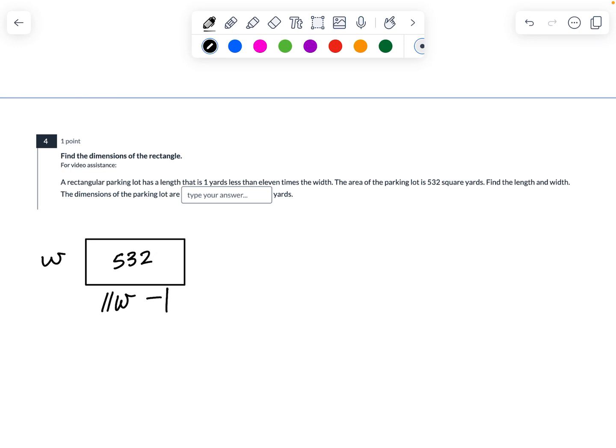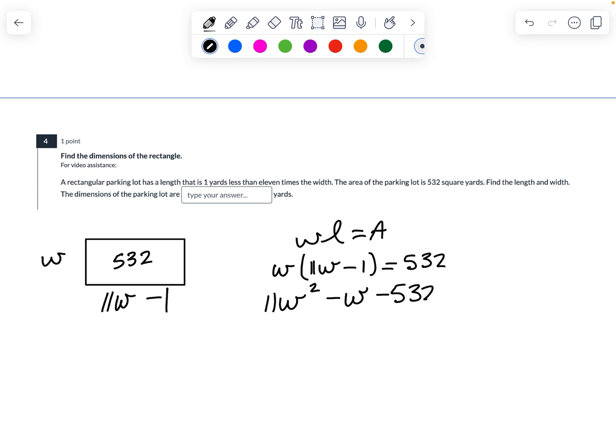Alrighty, so if area equals width times length, then the width is W, and the length is 11W minus 1, equals the area, which is 532. So 11W squared minus W minus 532 equals 0. I am going to highlight this so I can find it.